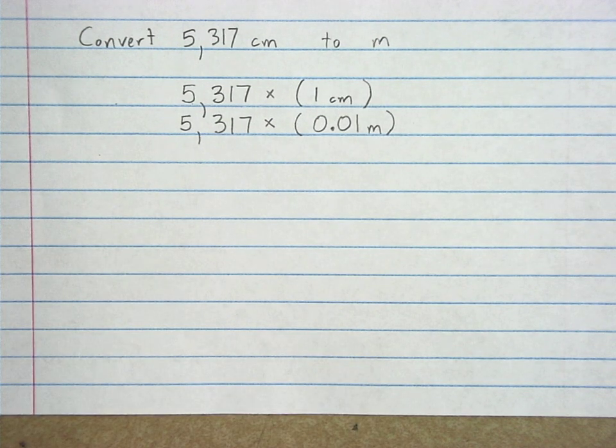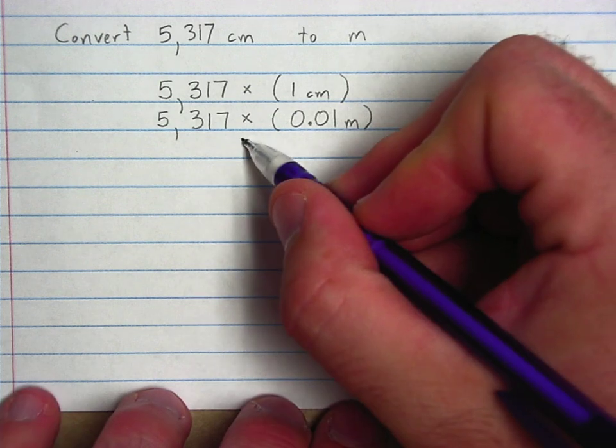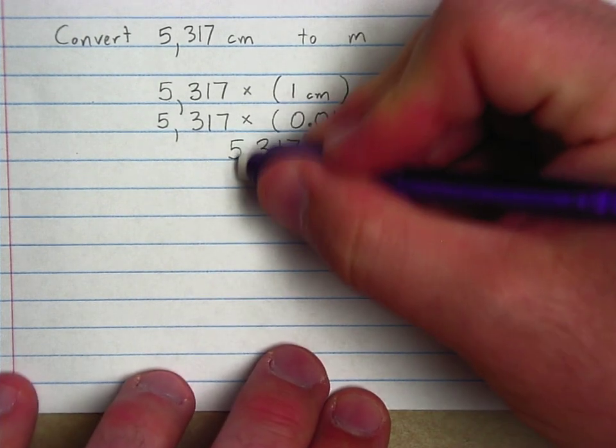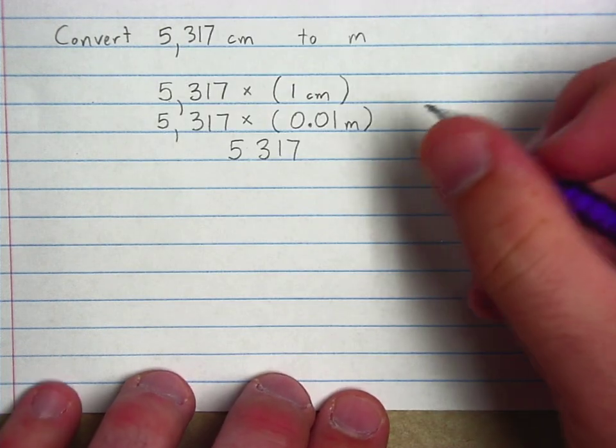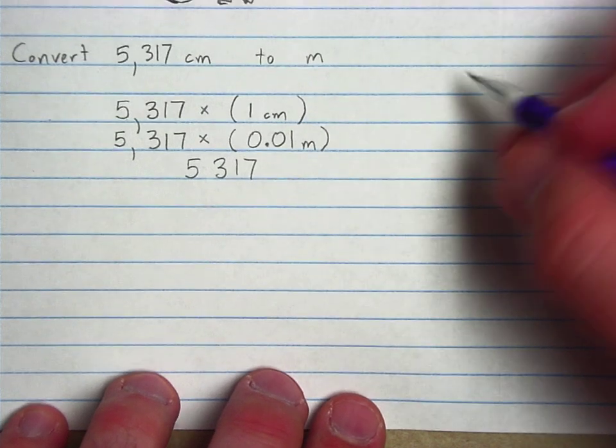I will multiply these two together, which really is just going to be 1 times this, 5,317, except, shouldn't put that yet, because the 1 times, that makes sense. You know what, let me go ahead and show you.